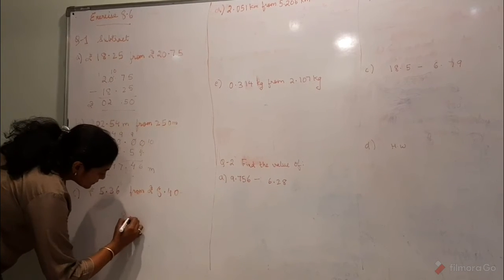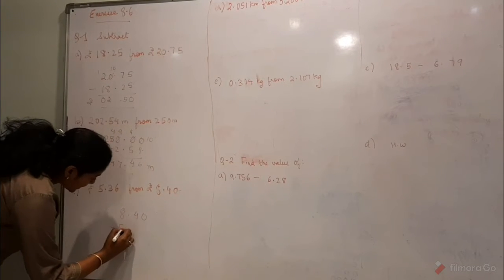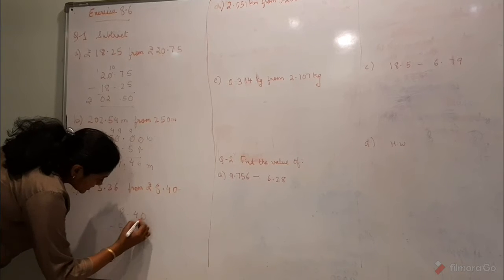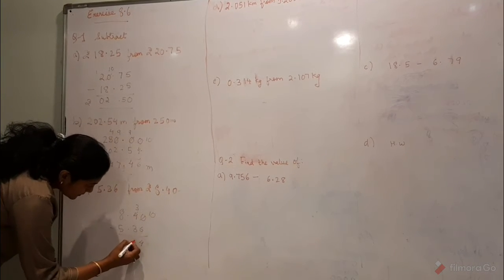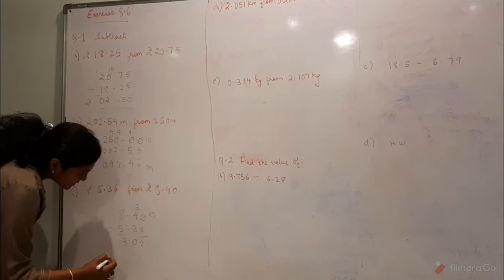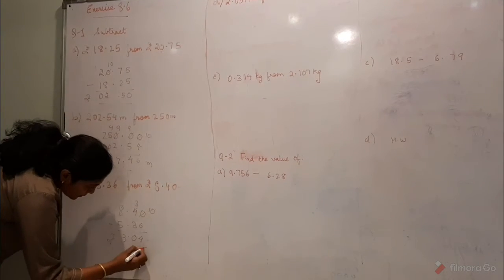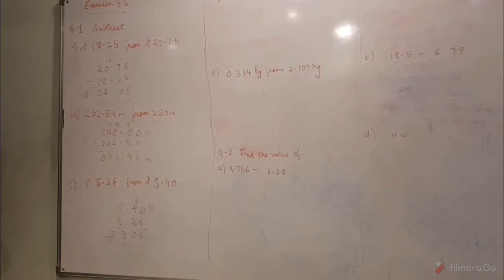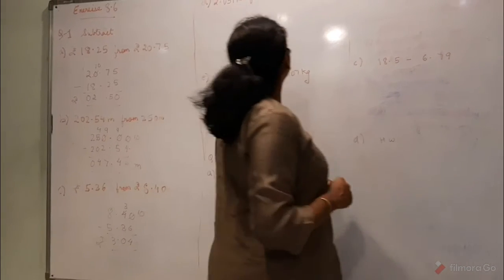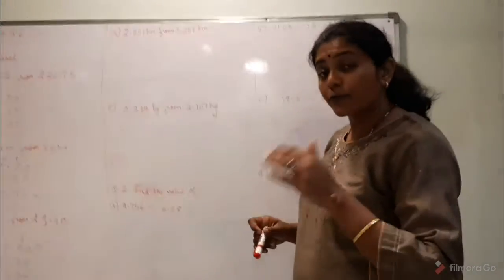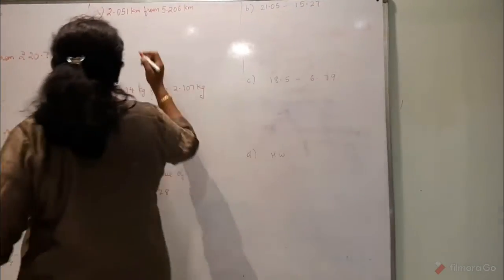Similarly, 5 rupees 5.36 from 8 rupees 8.40. Simple. After "from", write the number minus 5.36. So 10, 4, 3, 0. So this is rupees 3.04 and this is the answer. Now D1, 2.051 kilometer from 5.26 kilometer.